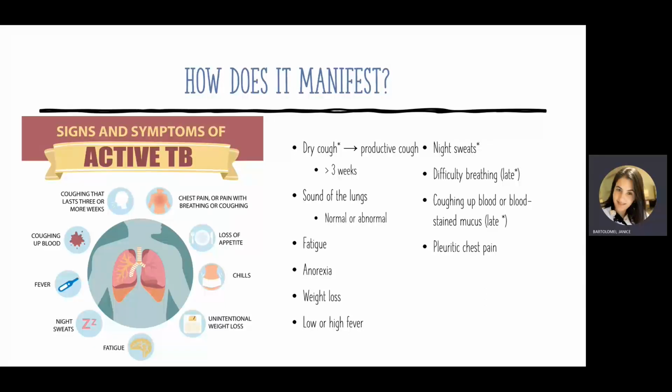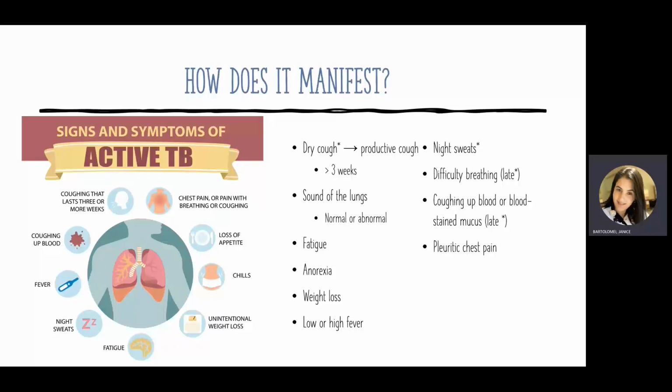But again, the dry cough for weeks can sound like bronchitis, right? But here are the things that are key to tuberculosis. You get really fatigued, with anorexia, weight loss, and these night sweats that are very much a hallmark of tuberculosis.